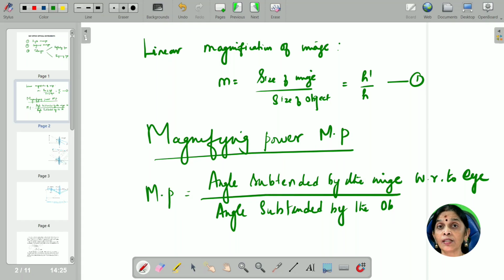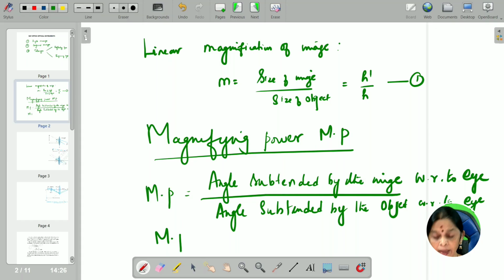Size of the image by size of the object is linear magnification. But angular magnification is the angle subtended by the image with respect to the eye by the angle subtended by the object with respect to the eye. If we are dealing with LDDV, then the image should be obtained at LDDV, or if it is at infinity, it will be at infinity.